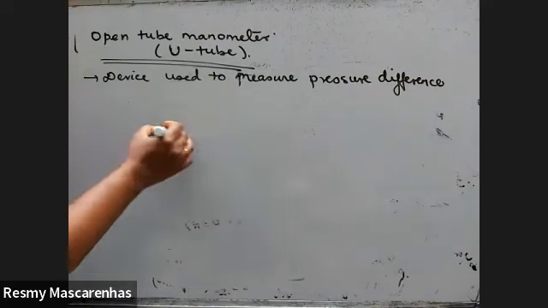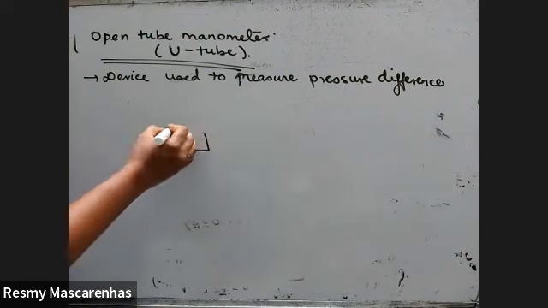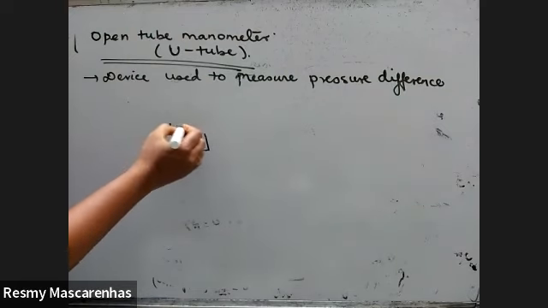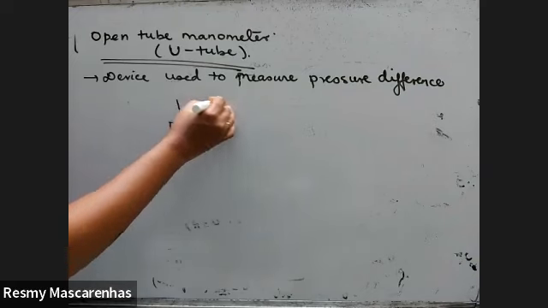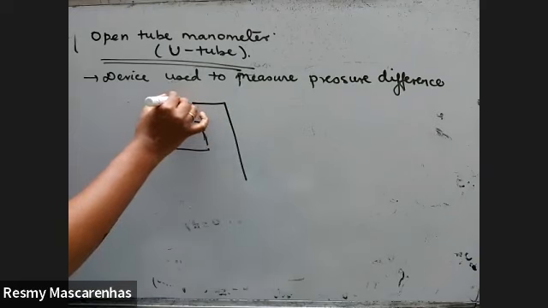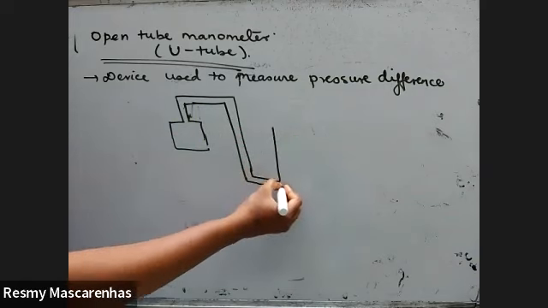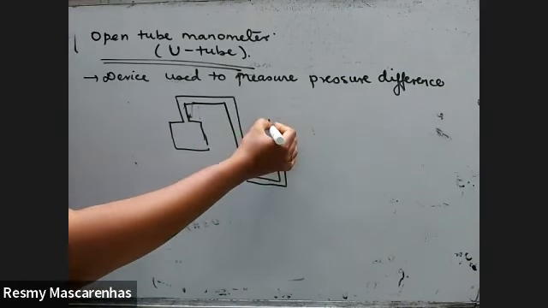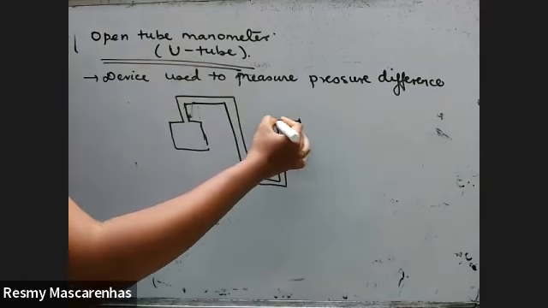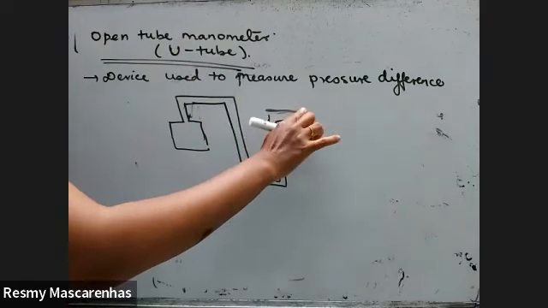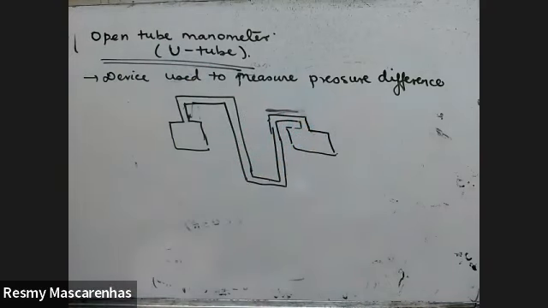On what does this system work? First we'll just take a closed one. Suppose you have a box like this, at the same height.